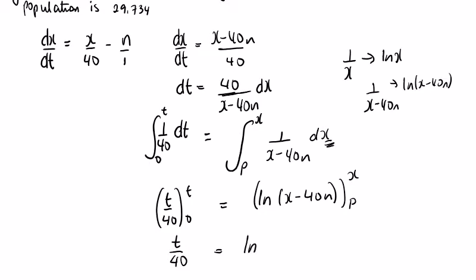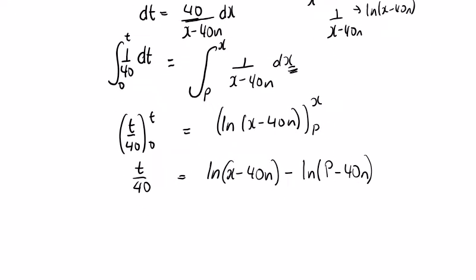We're going to get the natural log of (x minus 40n) minus the natural log of (p minus 40n). And that's the difference of two logs, so we can turn that into a division. So that's the natural log of (x minus 40n) divided by (p minus 40n), and that's equal to t over 40.